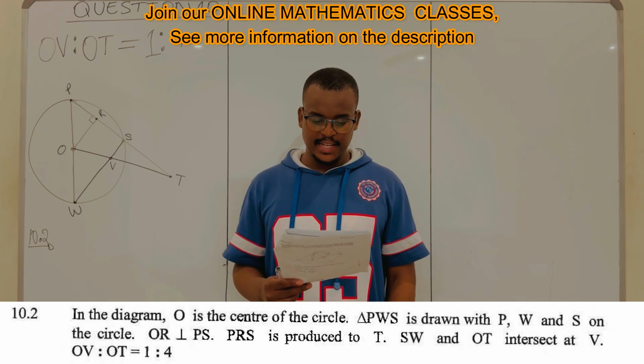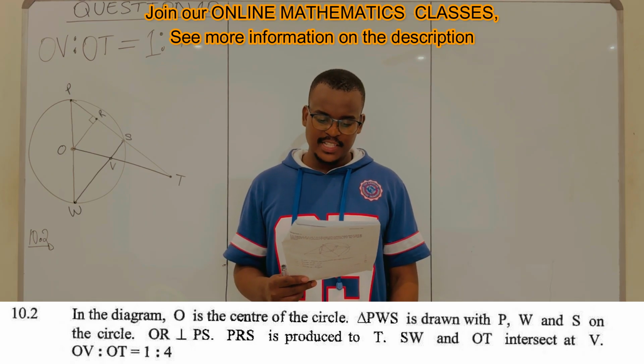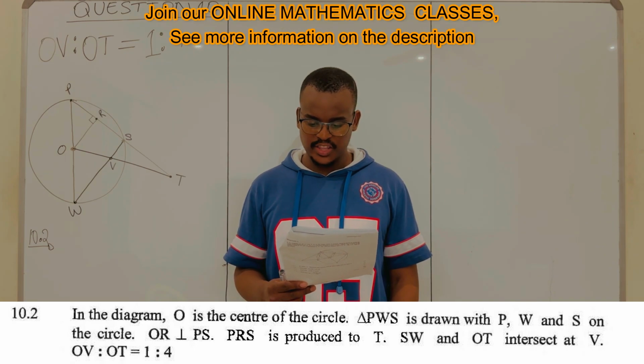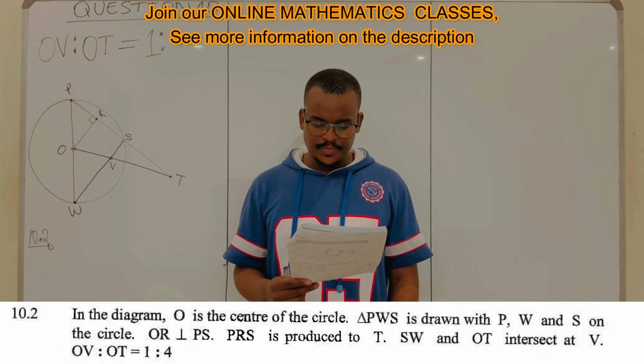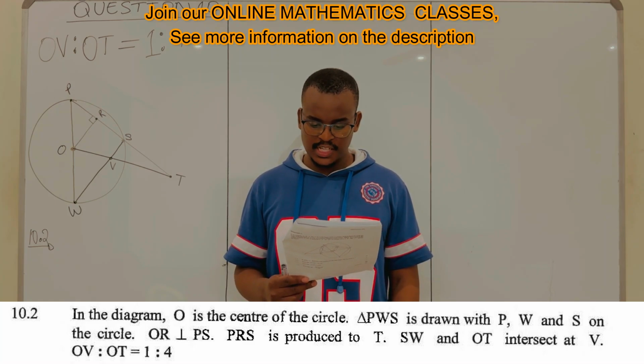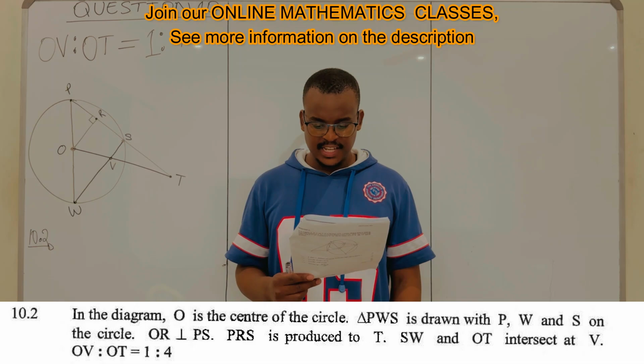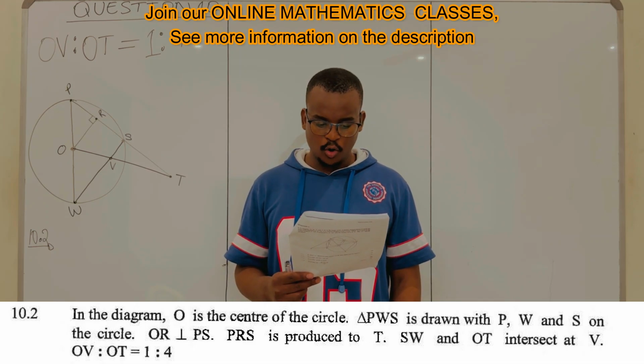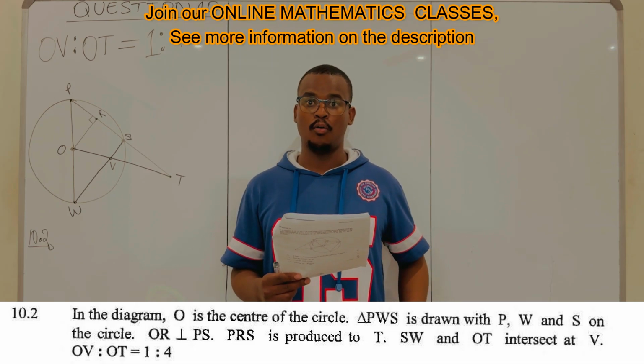At 10.2, they're saying, in the diagram, O is the center of the circle. Triangle PWS is drawn with P, W, and S on the circle. OR is perpendicular to PS, and PRS is produced to T. SW and OT intersect at V. The ratio of OV to OT is 1:4.